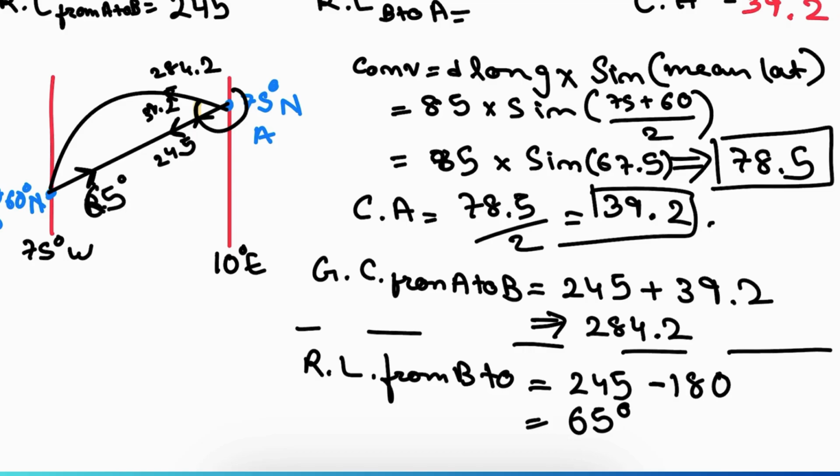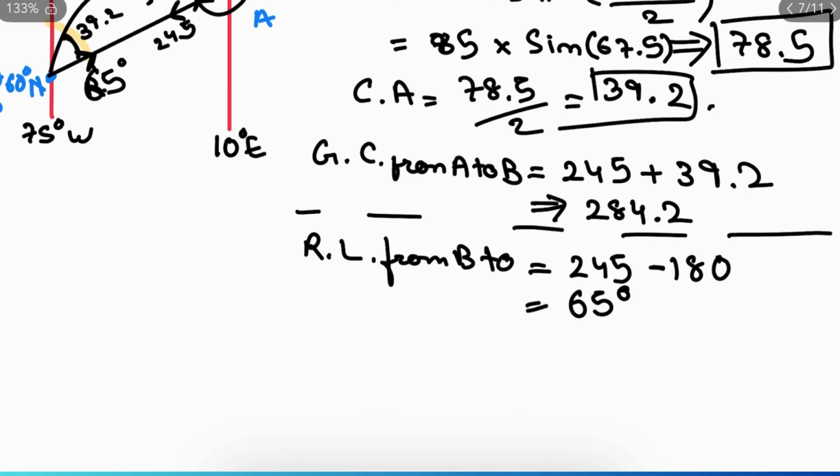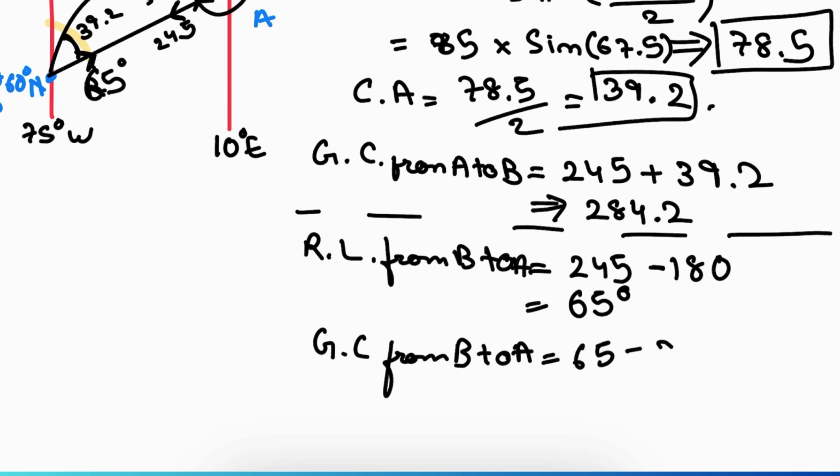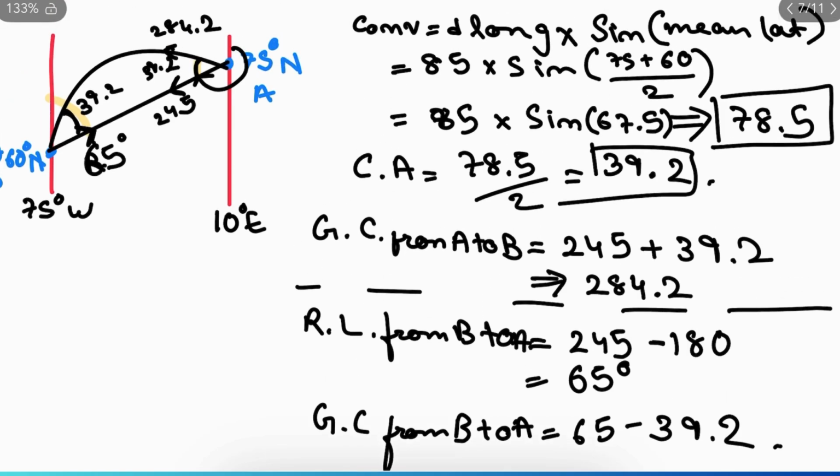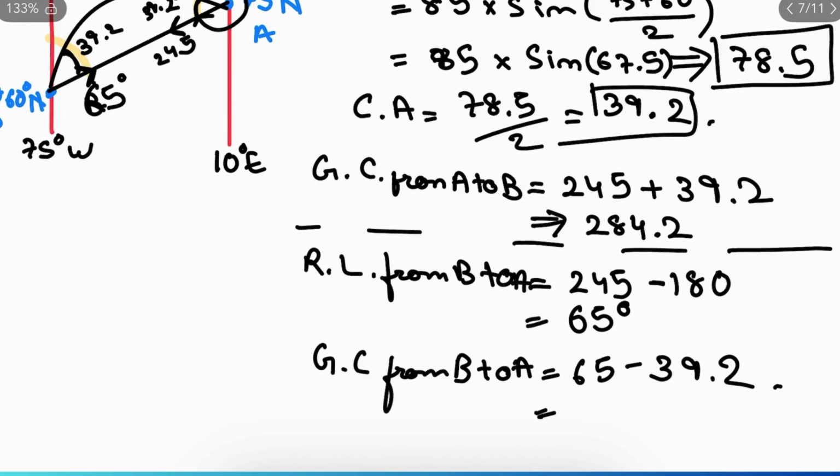So this rhumb line is 65 degrees. We know that this angle is 39.2 and this whole angle is 65. So the great circle from B to A is 65 minus 39.2, which is going to be 25.8.